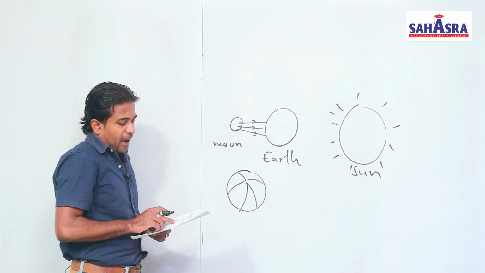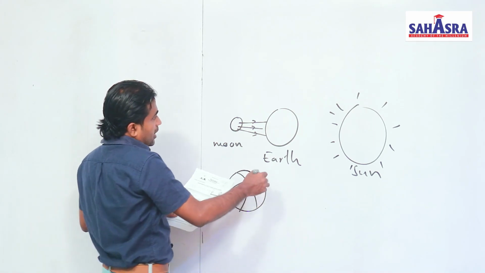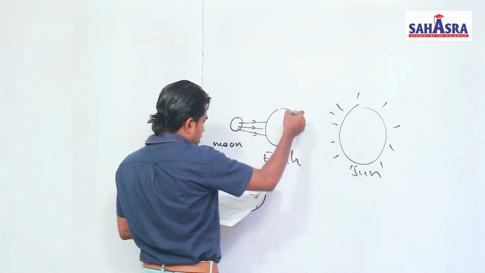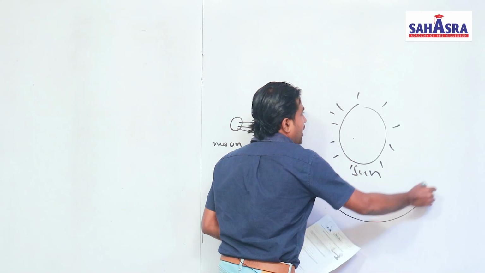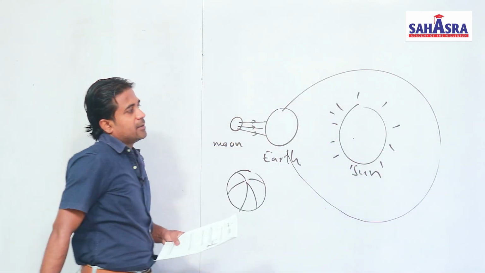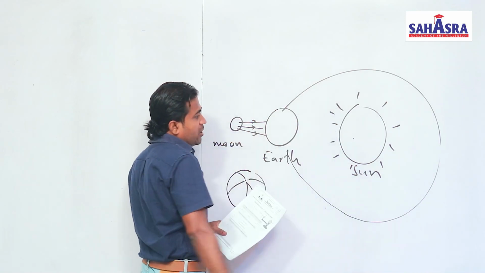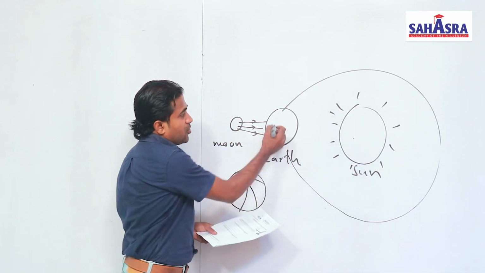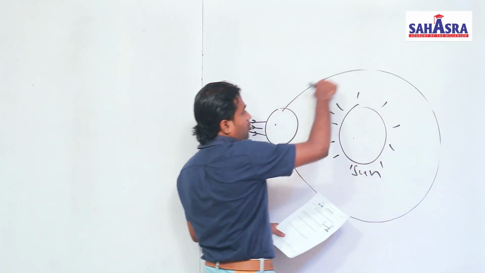Then the space orbits the sun. Now according to this diagram, who is orbiting around the sun? Orbiting means moving around like this. So who is orbiting around the sun? It is the earth. The earth orbits around the sun.